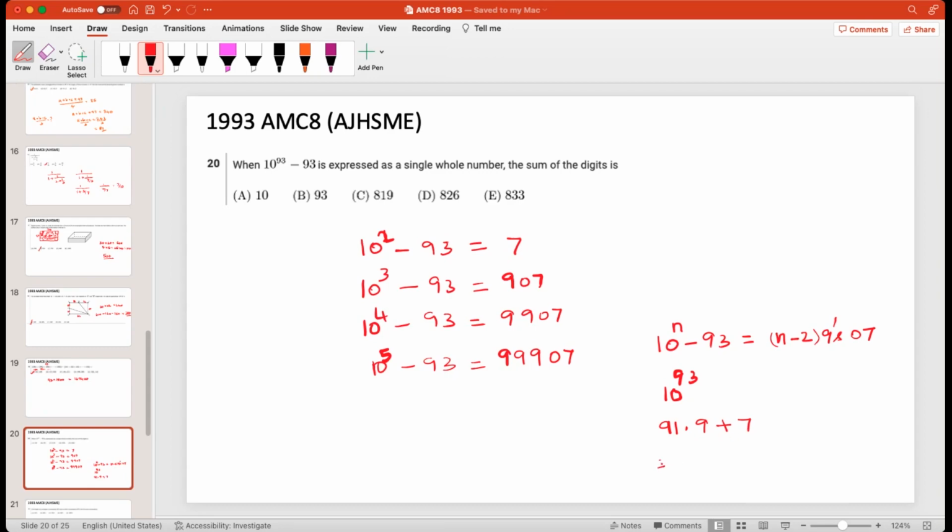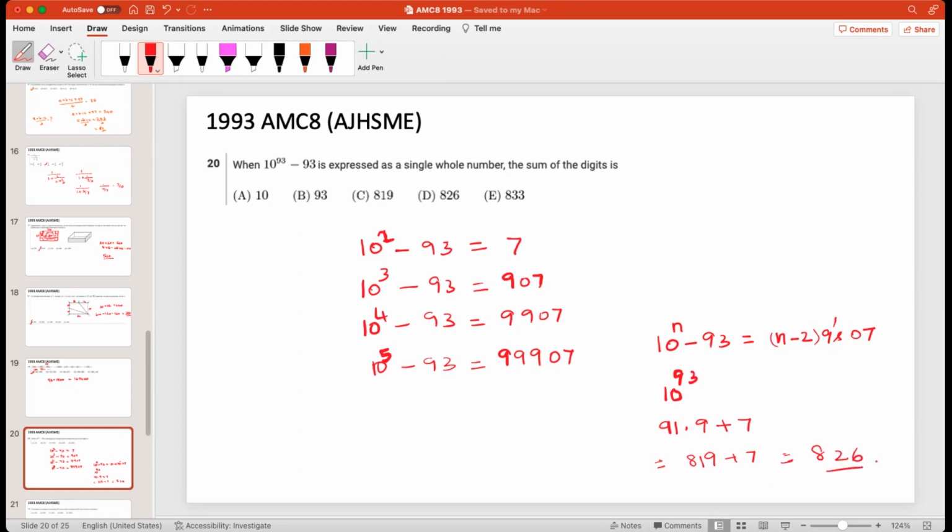So that is nothing but 9 nines are 81, so 819, plus 7, which is equal to 826.